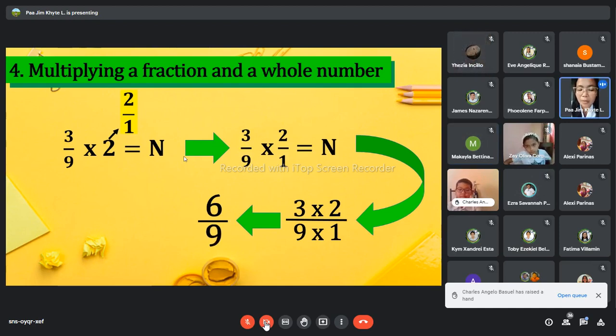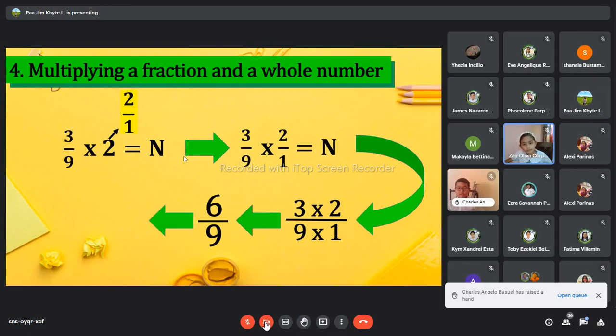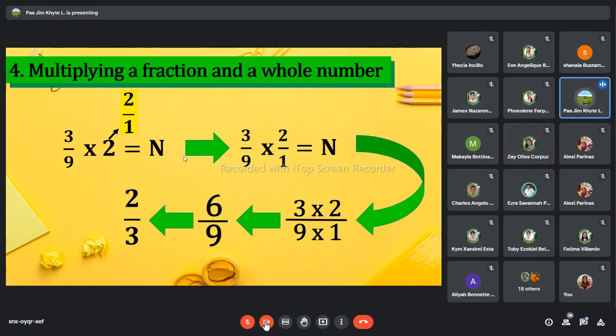So our answer is 6 over 9. But we can make it simplest form. Very good. Who got the correct answer? Raise your hands.